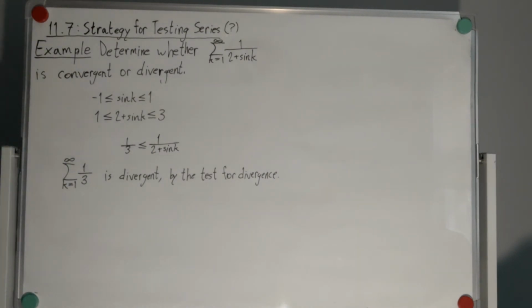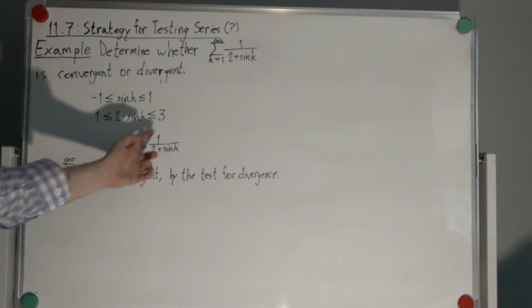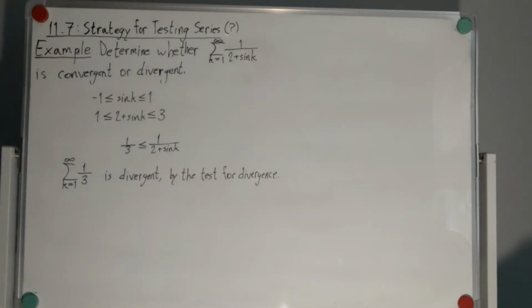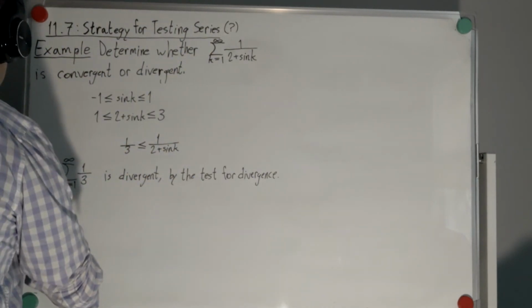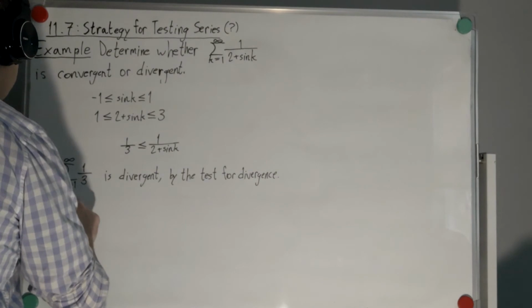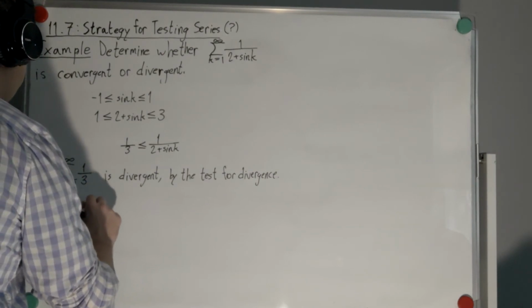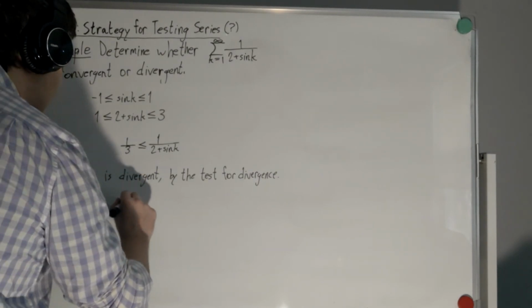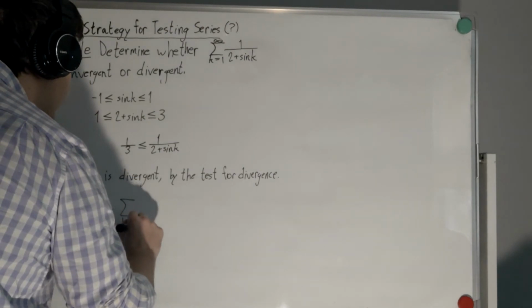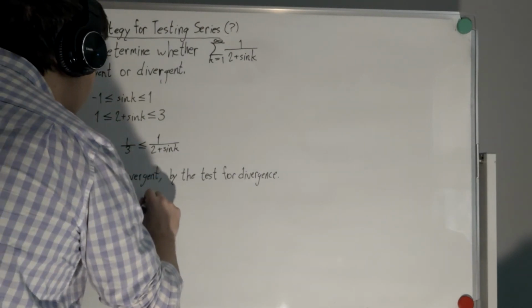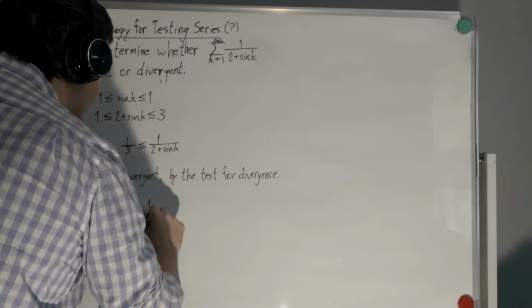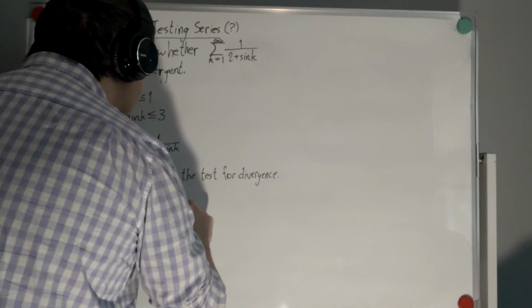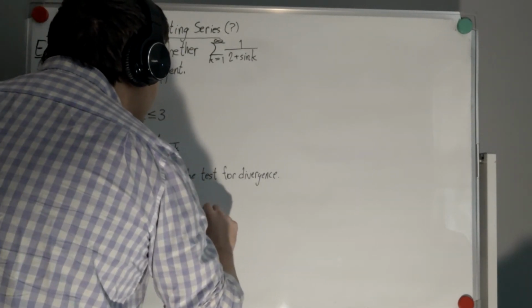Therefore, by comparison, this series with larger terms has to also diverge. So by the comparison test, the sum from k equals 1 to infinity of 1 over 2 plus the sine of k is also divergent.